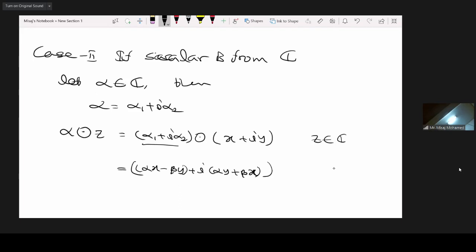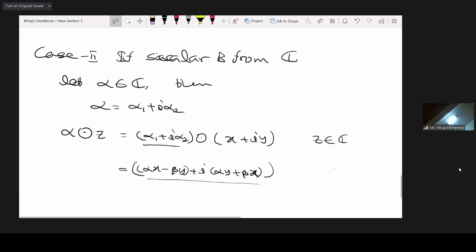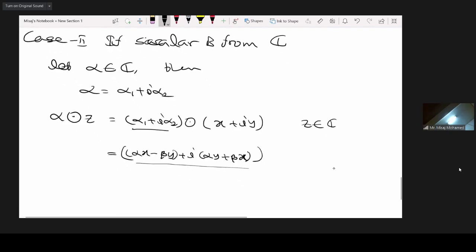Is this a complex number? Yes. Therefore, alpha dot Z is in C as well. Therefore, the closure property holds for scalar multiplication.